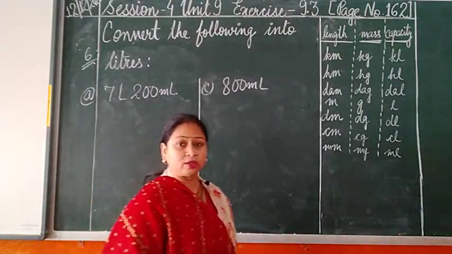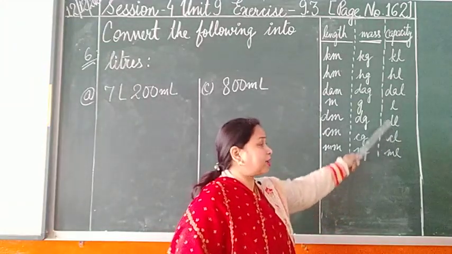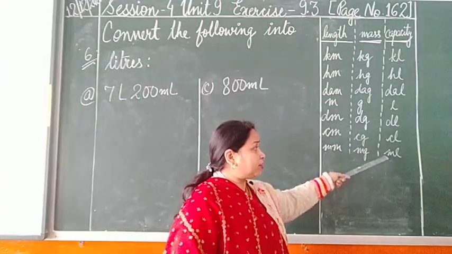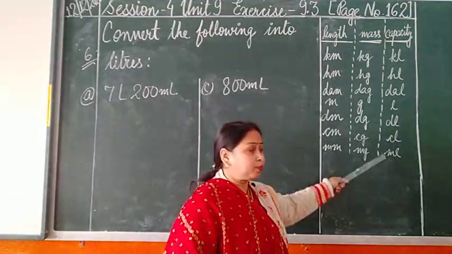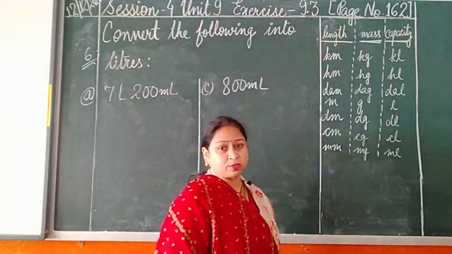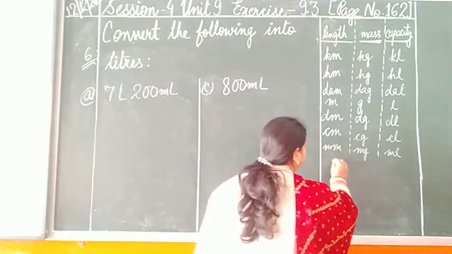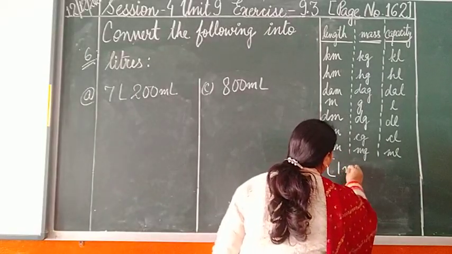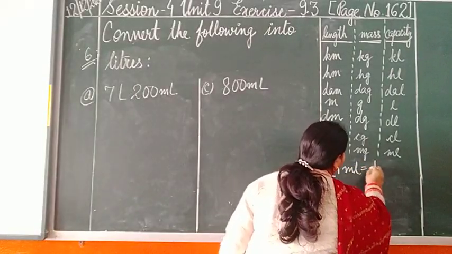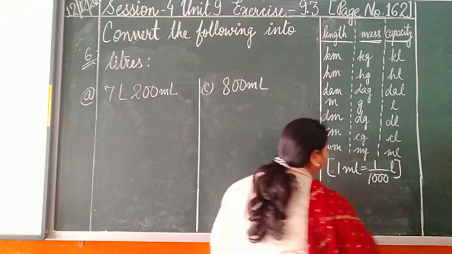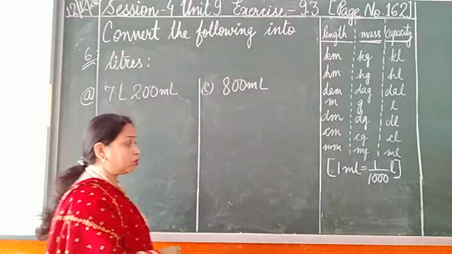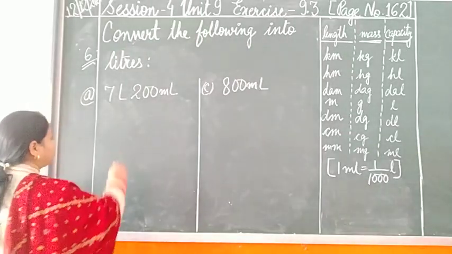So, let us check the places of milliliter and liter. Milliliter is over here, and how many steps again are we going to move up? 1, 2, 3, 3 steps. So, while converting this, we can write down 1 milliliter is equal to 1 upon 1000 liter. Okay. So, this is the conversion we are going to apply for these two questions.